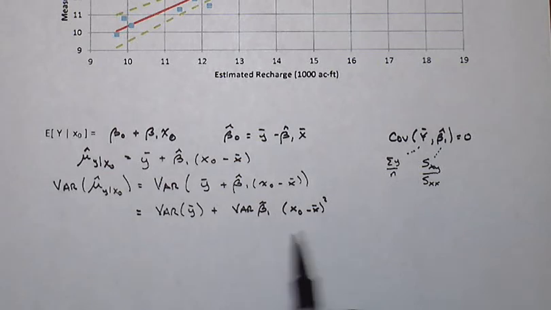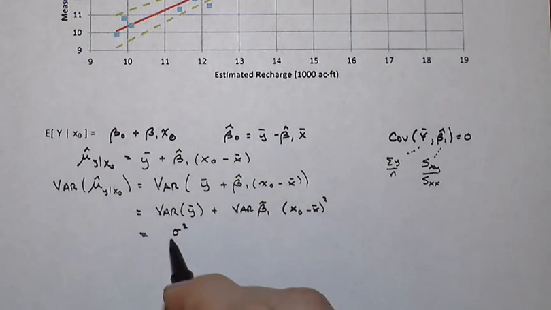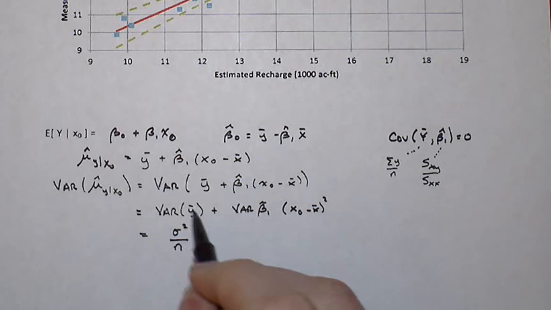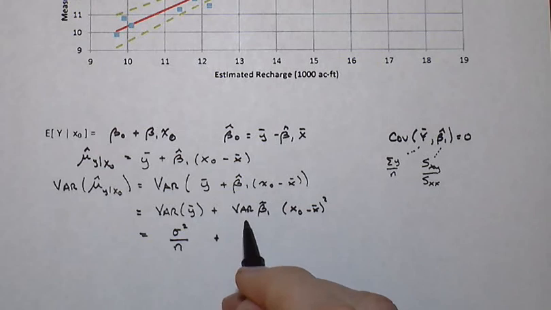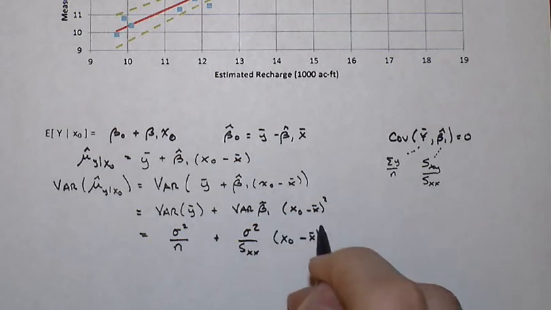Then the next part is that the variance of y bar, remember, is back to our original variance divided by n, since it's a sample statistic, the sample mean. And the variance of beta 1 hat is back to sigma squared over sxx, and then of course we still have the squared difference.